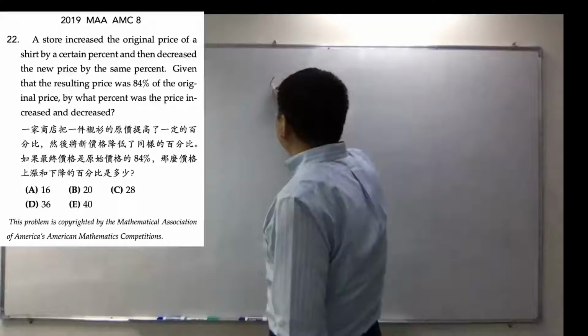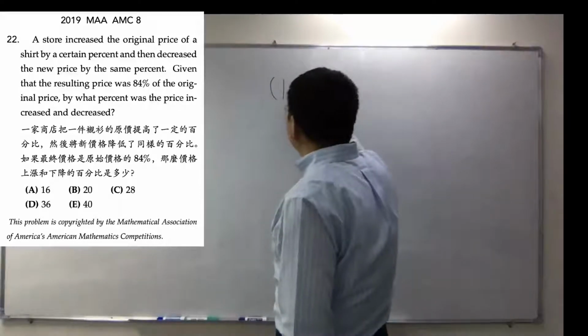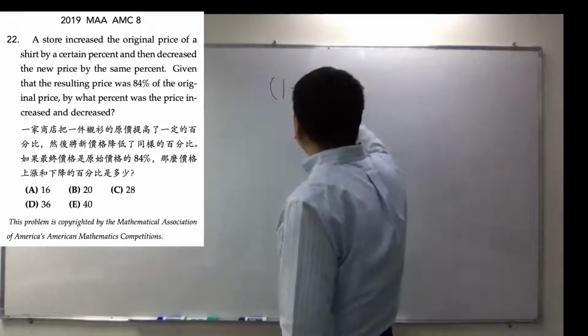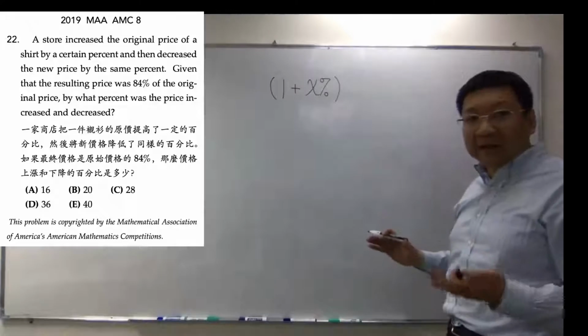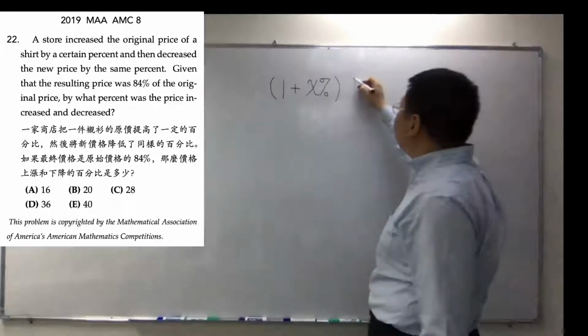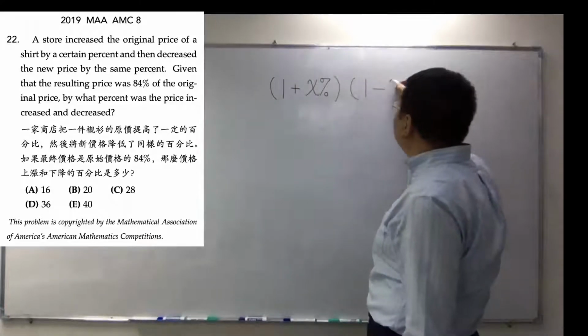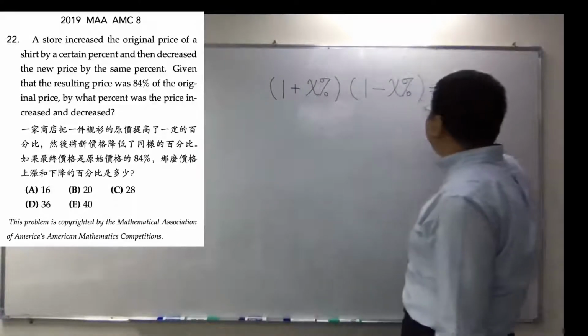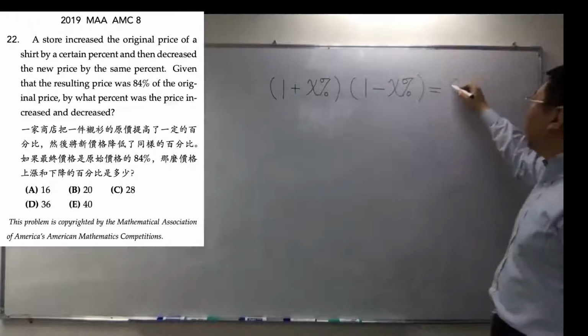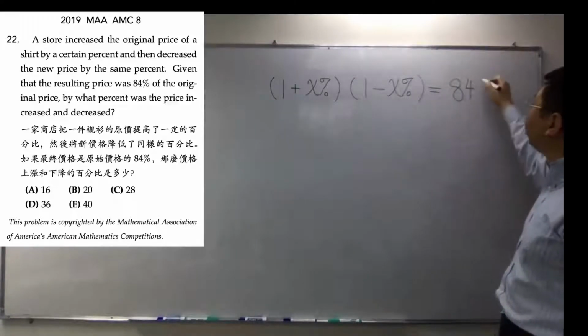From the original price, it increased by a certain percentage, so the price would become 1 plus X percent. And then the price dropped by the same percentage. So it will be 1 minus X percent. And the combined result is 84%.